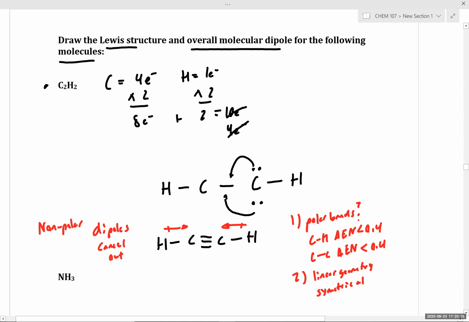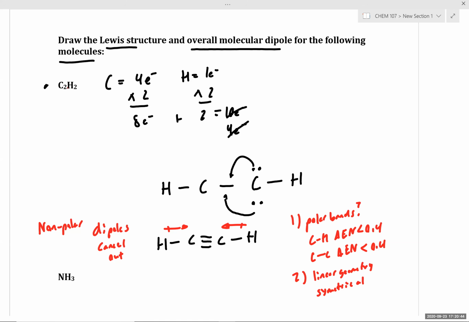Yes, exactly right. And we look at the arrangement of these bond dipoles in 3D space, and how each of our bond dipoles are arranged, and when we add them together, if the dipoles cancel, we have a nonpolar molecule. In general, if you only have carbon-carbon and carbon-hydrogen bonds, your molecule will almost always be nonpolar.